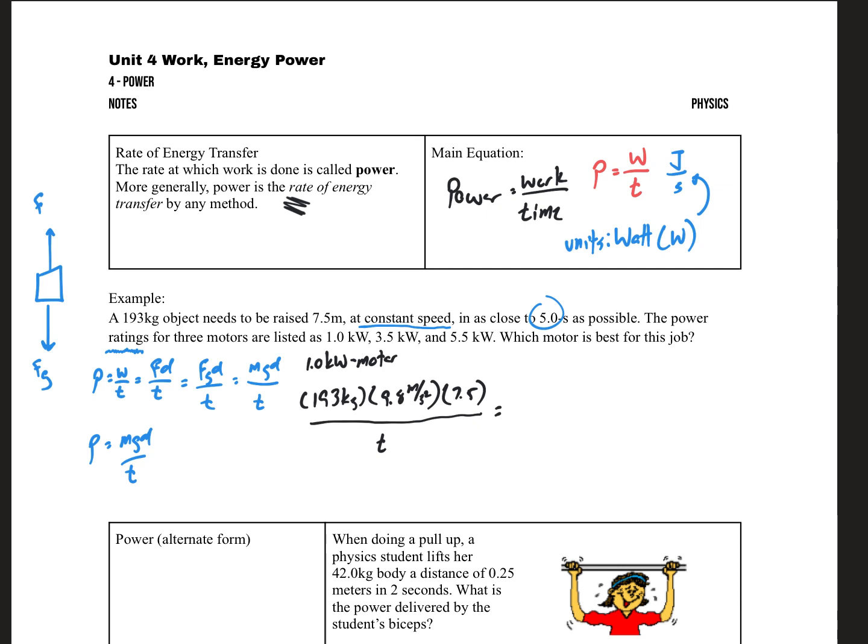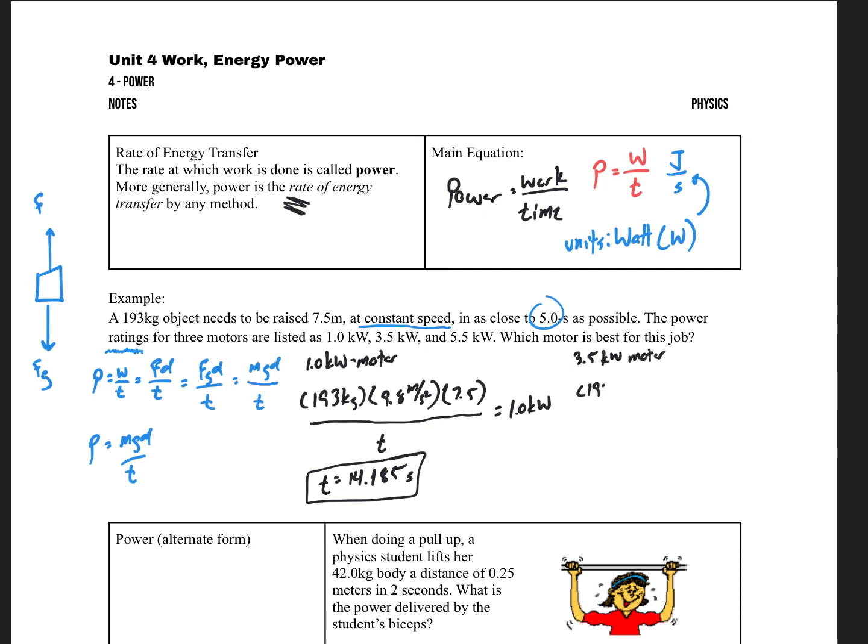So the first motor, this is the 1 kilowatt motor. This is how we'd set that up. We would solve for t. And when you do the math, you get t is equal to about 14.185 seconds, so about 14 seconds. The 3.5 kilowatt motor is the same thing.